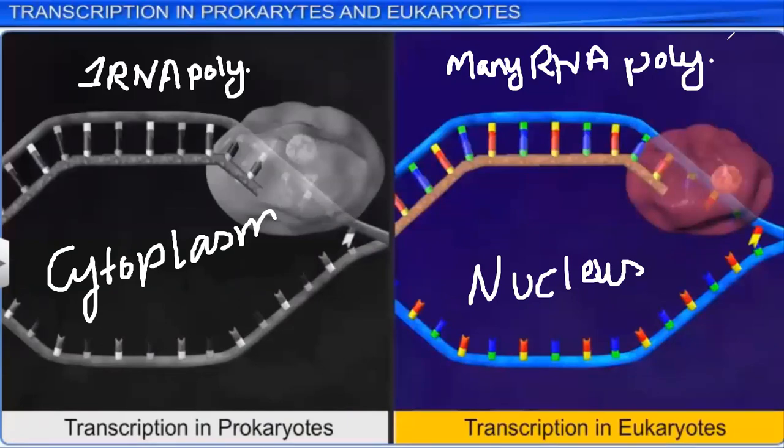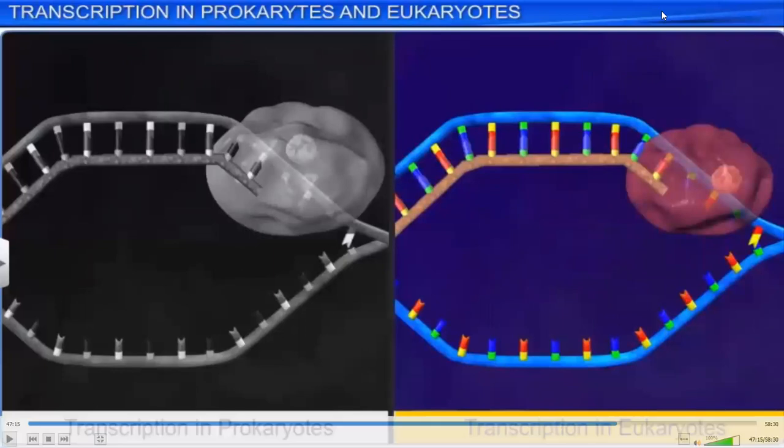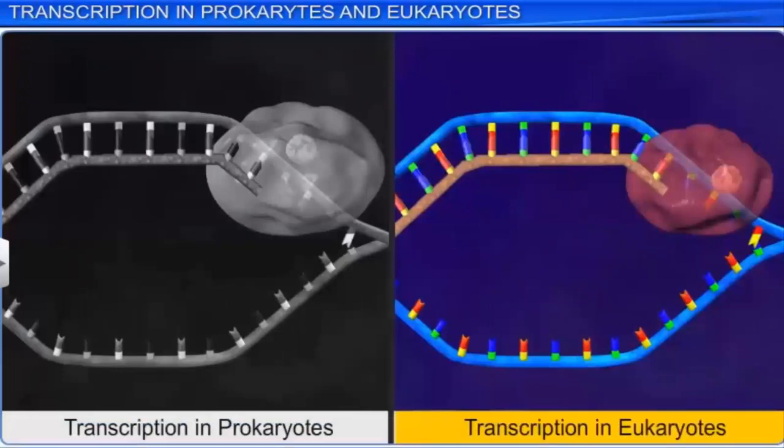While for eukaryotic transcription, for each type of RNA, a different type of RNA polymerase enzyme is there. We are going to learn now what the different types of RNA polymerase enzymes are and which are used for transcription of mRNA, tRNA and rRNA.